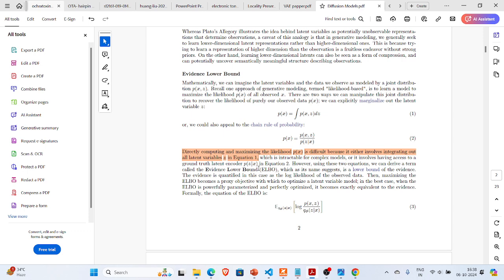Without having access to the latent encoder z given x, it is quite hard to do. However, from these two equations we can derive a term called the evidence lower bound, or also called the lower bound of the evidence.